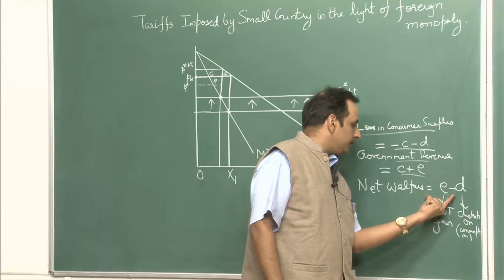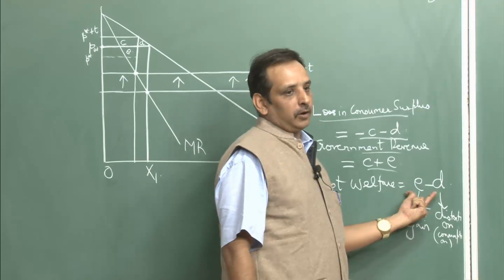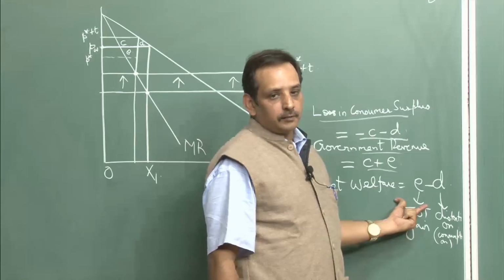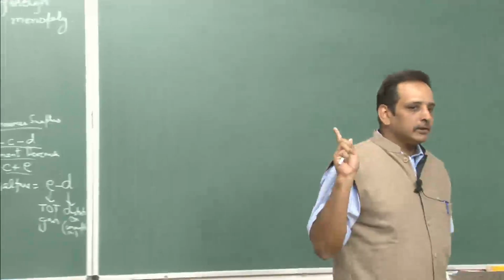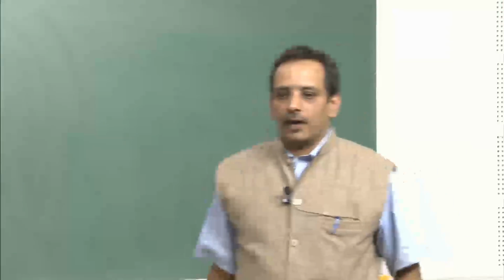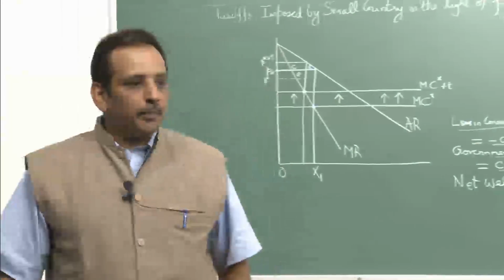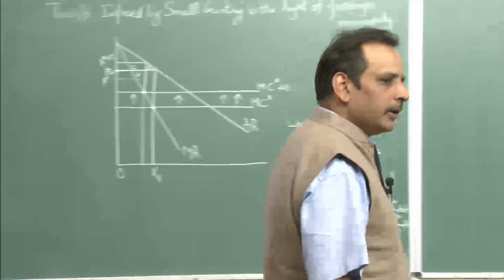You can have this to be positive or negative depending on what is the distortion, what is the terms of trade gain. Please recall, this is different from the case when we were discussing dumping. Do you recall dumping?